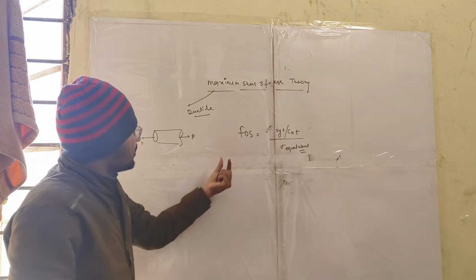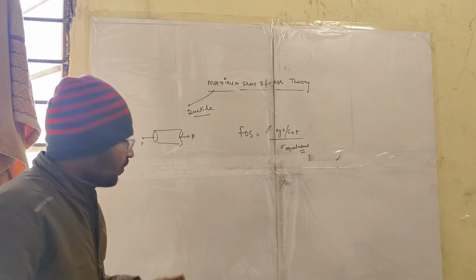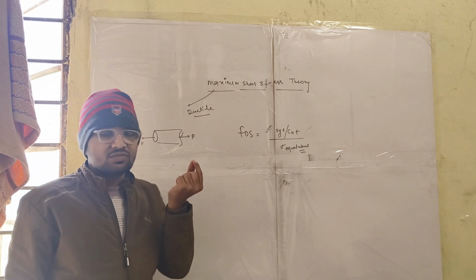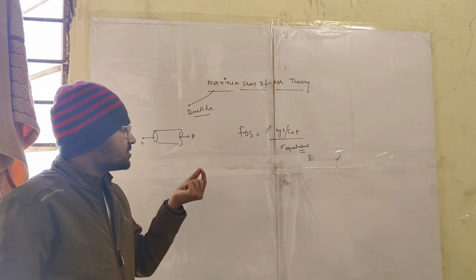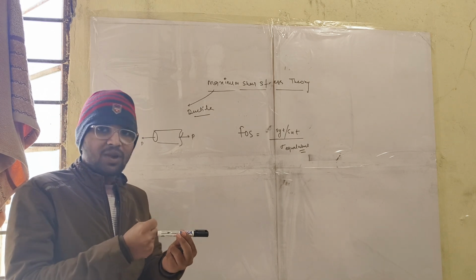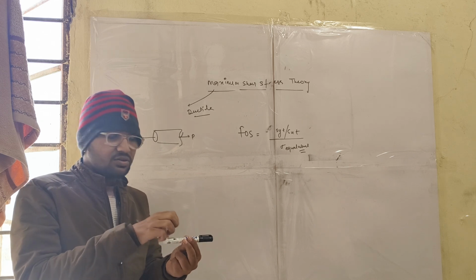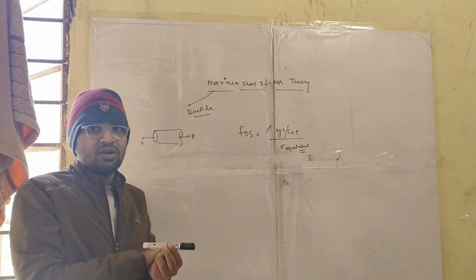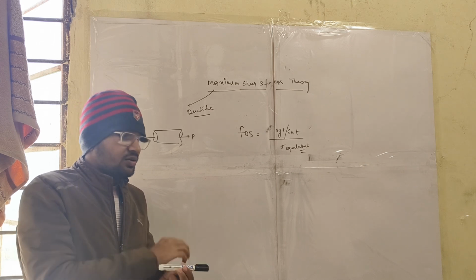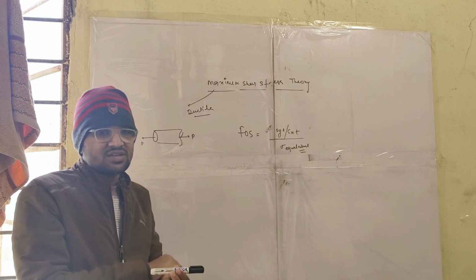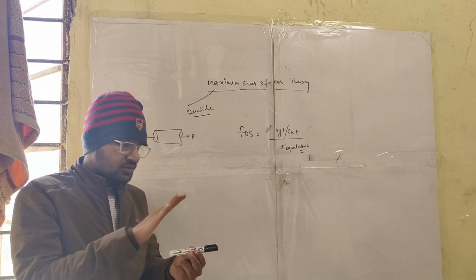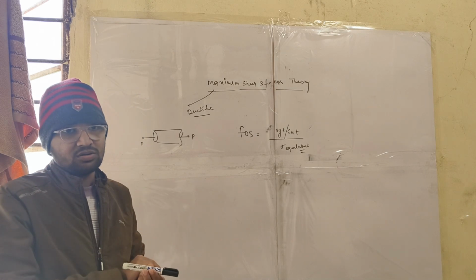What is the factor of safety? You can understand the factor of safety by using one example. We have this shaft. We can apply a 100 Newton load to the shaft, but for safety purposes, the council suggests that you apply a 50 Newton load.